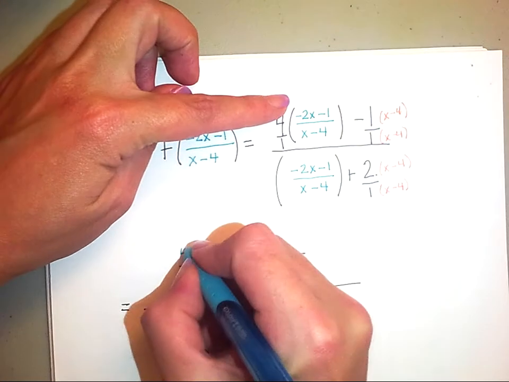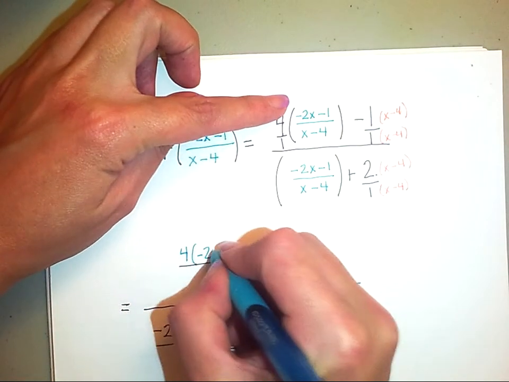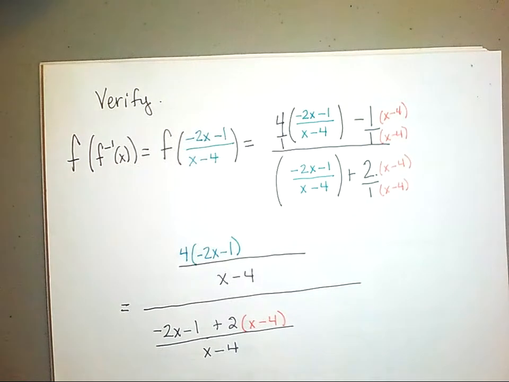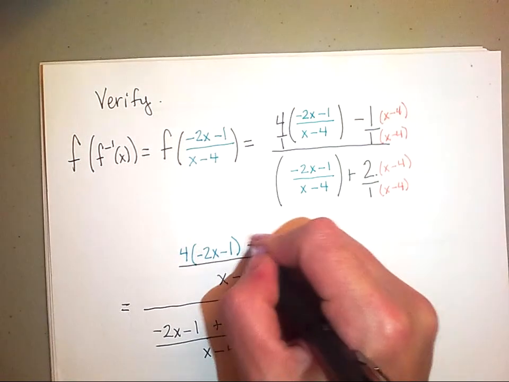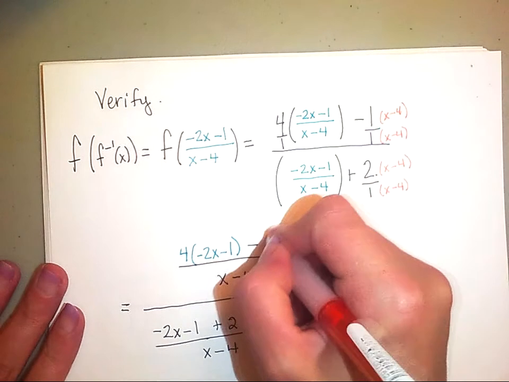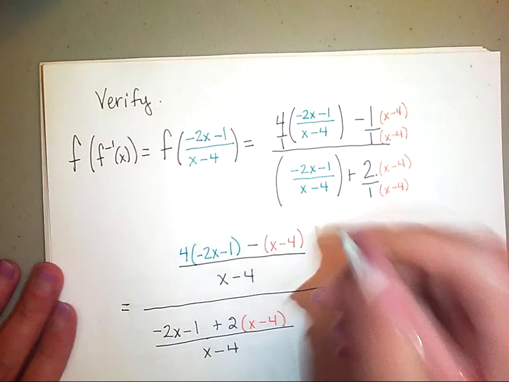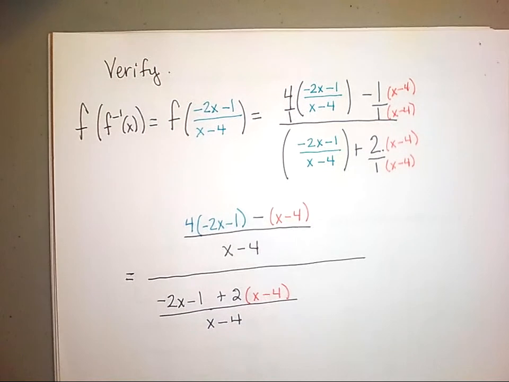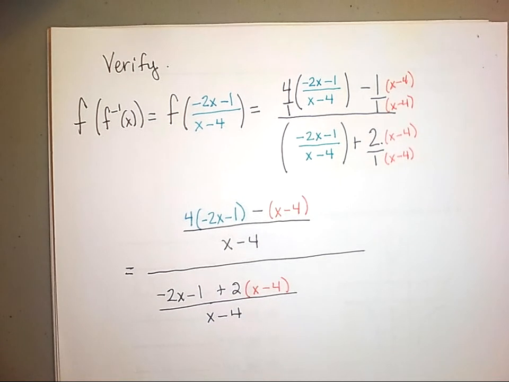In this first term, I have to take 4 times negative 2x minus 1, and then I'm going to subtract this x minus 4. Okay, let's simplify this.